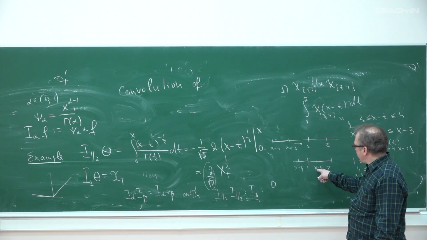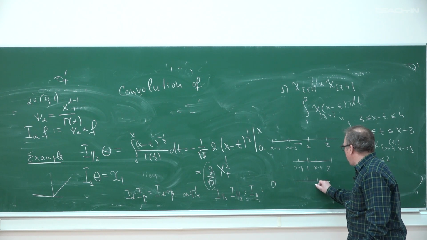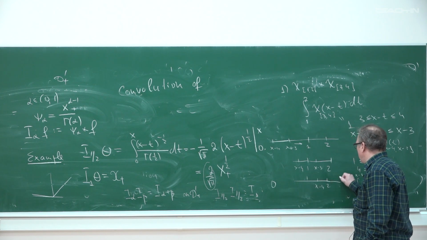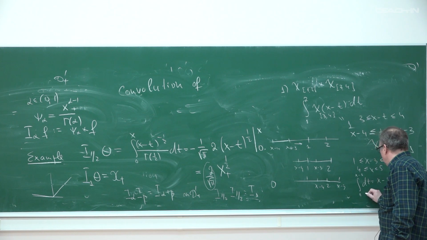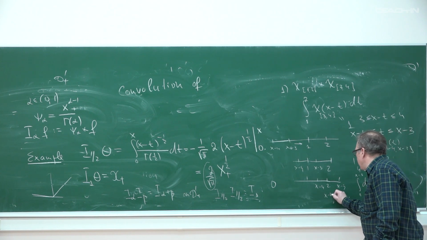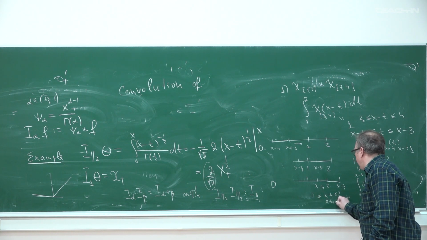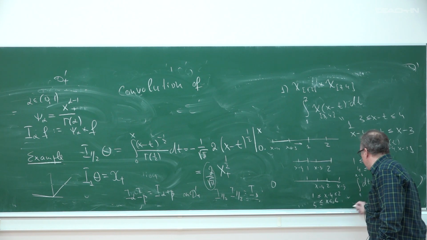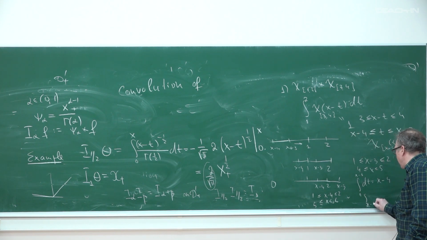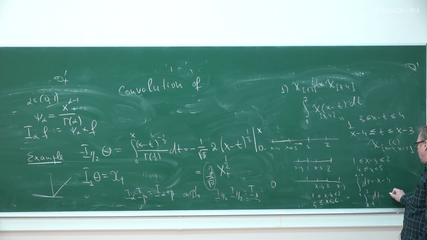Then x minus 3 goes out, and the integration is from x minus 4 to x minus 3. If x minus 4 is here, x from 5 to 6, we obtain the integral from x minus 4 to 2 of dt.